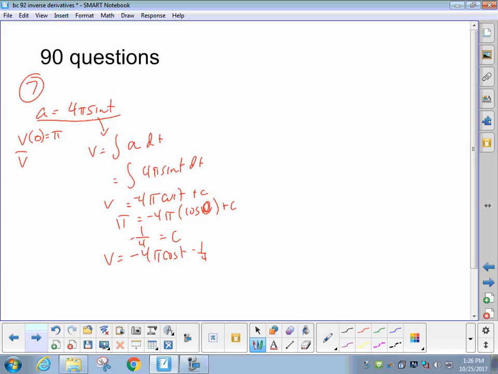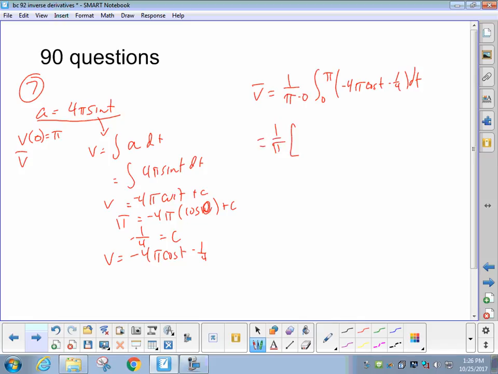The average value theorem. So the average velocity, which I'll call v bar, is 1 over pi minus 0 from 0 to pi of negative 4 pi cosine t minus 1/4 dt. Okay. So 1 over pi is fine.